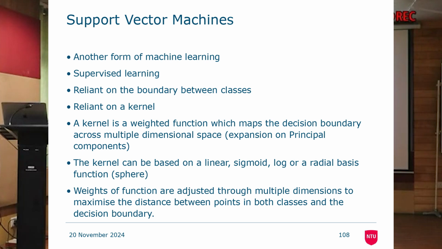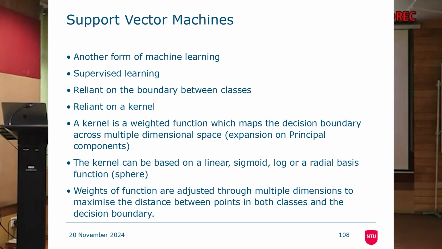So it's a type of function class. So kernels are a weighted function which maps the decision boundary. So it's a bit like how I showed yesterday where the neural network maps the decision boundary by putting three sigmoids together. A kernel will use a function that does a similar sort of thing.